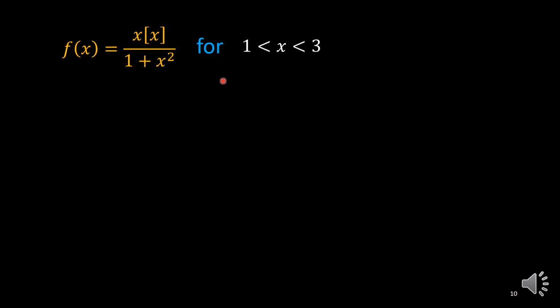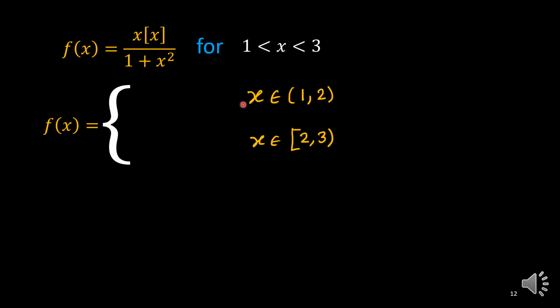Thus f could be written in two parts. We'll consider one interval for x as 1 to 2, and the other interval for x as 2 to 3. Here it is open, and here we start from exactly 2, including this 2, and go up to 3, which is again open. So these are the two intervals we have considered separately.